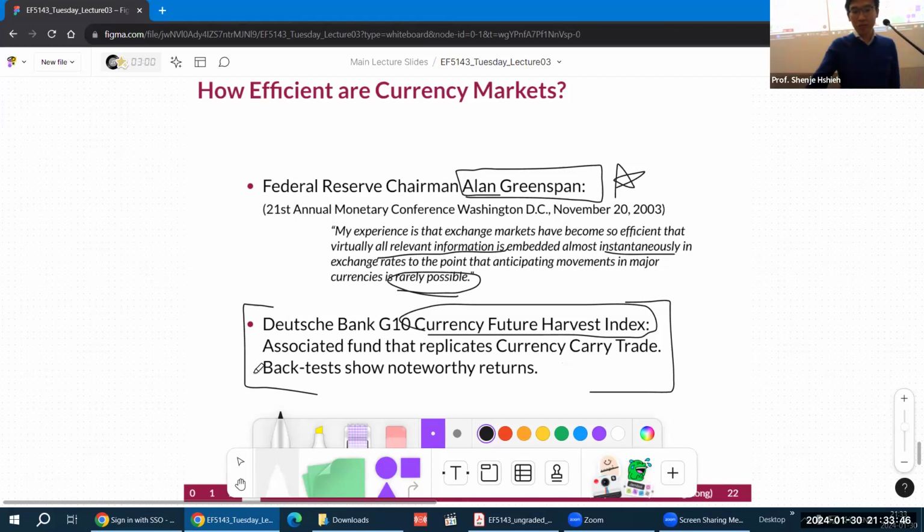Based on their performance, there are time periods in which they made a substantial amount of positive returns, which means that most likely you could make something, right? You could make positive expected returns from carry trade, whereas efficient markets says that's impossible on average. It should be zero, but depending on the window, it seems possible to make positive returns on average from carry trade.